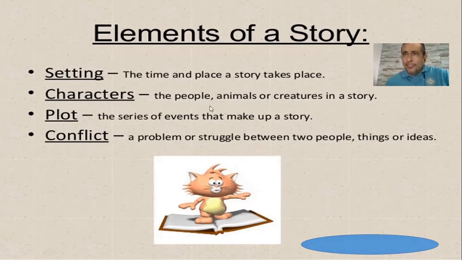Then we have the characters, as I mentioned before: people, animals, or creatures in a story. The plot is the series of events, or the sequence of events, that make up a story, or how the story is organized. The conflict is a problem or struggle between two people, things, or ideas. They can be concrete things or abstract things.